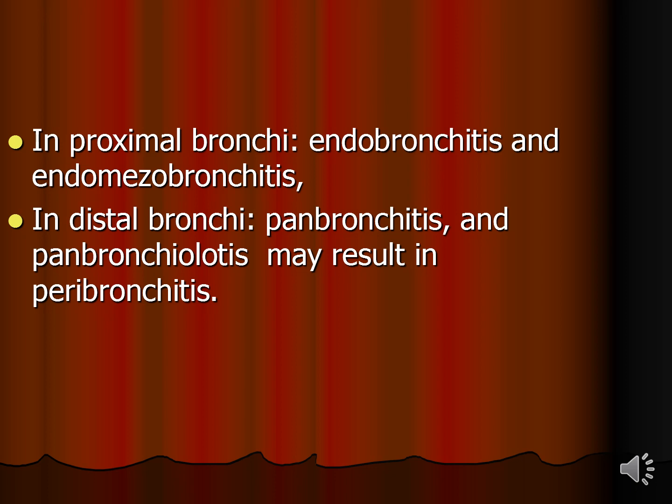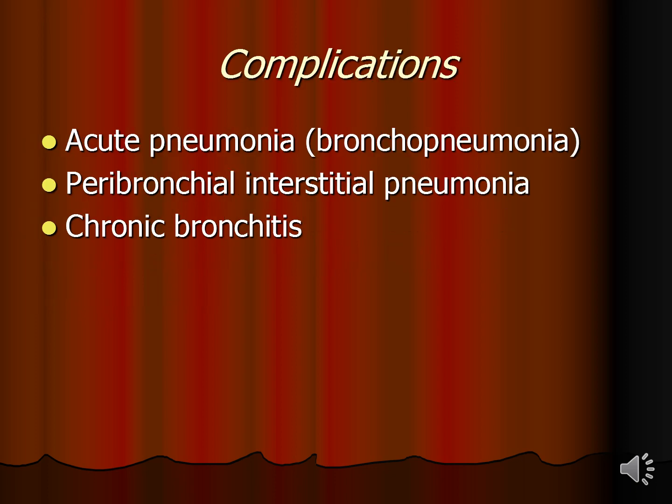When we look at distal bronchi, we see panbronchitis and panbronchiolitis, which may result in peribronchitis. It means the involvement of tissues next to bronchi. What are possible complications? Acute pneumonia. Commonly we see the features of bronchopneumonia, peribronchial interstitial pneumonia, and chronic bronchitis.